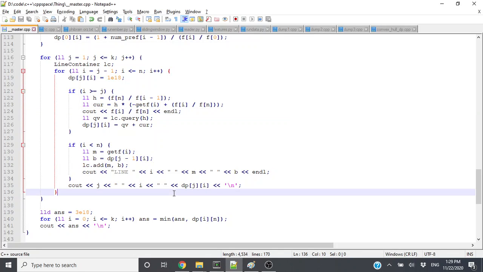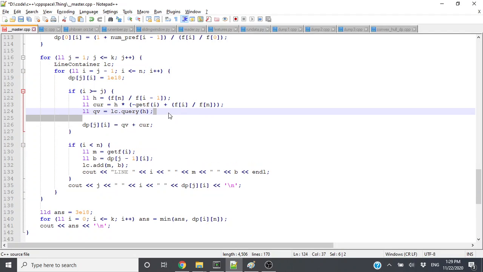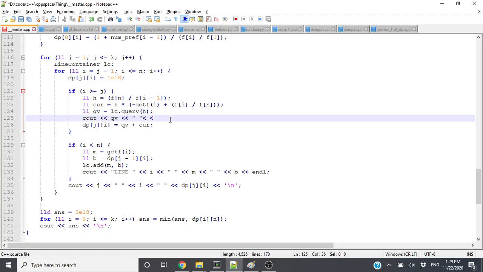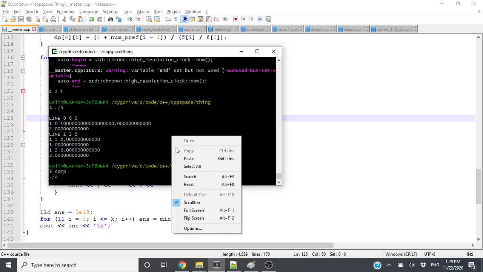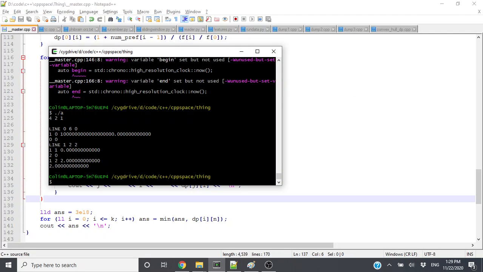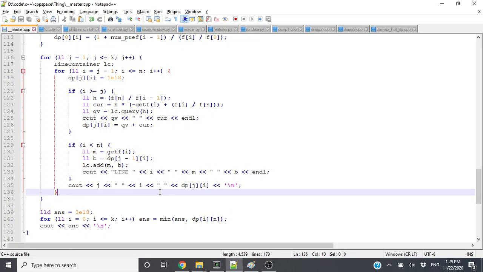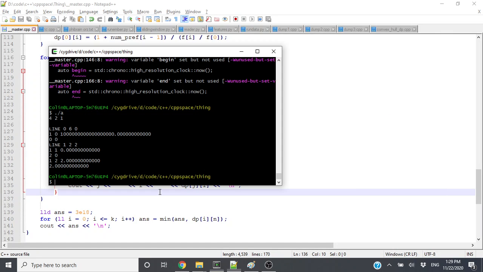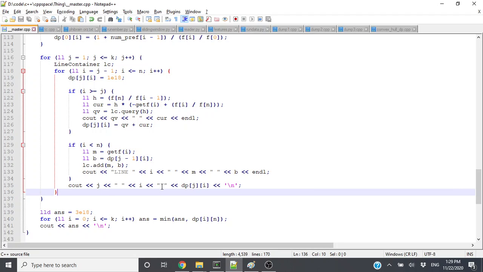How does it not change anything? I'm so confused. It didn't change anything. So 0 and 0.